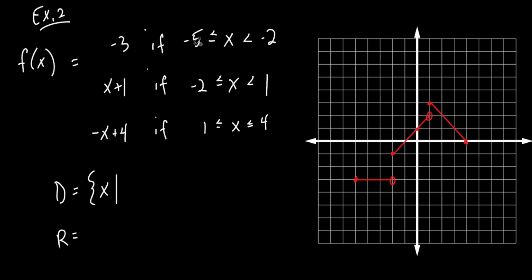That's the smallest x value, so it goes from negative 5 to what? What's the biggest x value? 4. You can just look up here if you wanted to. Put a 4. So how do we write the rest of it? Put the x here. Now with the 5, does it include that? Yes, it does. Does it include the 4? Yes, it does. So less than or equal.